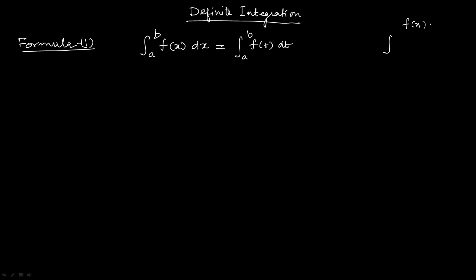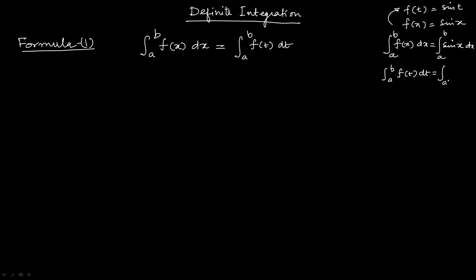So I am giving you an example. Let f(x) be sin x. When f(x) is equal to sin x, then obviously f(t) is equal to sin t. So the integral from a to b of f(x) dx is the integral from a to b of sin x dx, and the integral from a to b of f(t) dt is the integral from a to b of sin t dt.